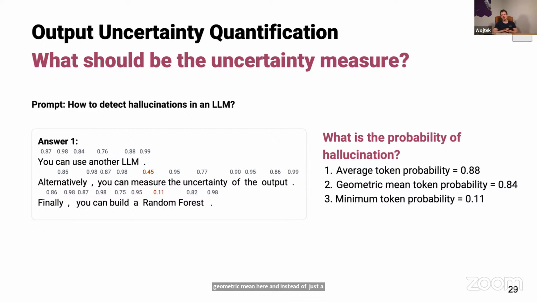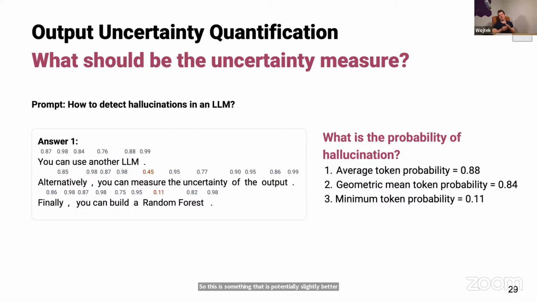The idea is that if we have one very, very low probability token, we want to take that into account more, because it might be the key fact or key name that we're looking for, and it might be wrong. So this is potentially slightly better than the average token probability.